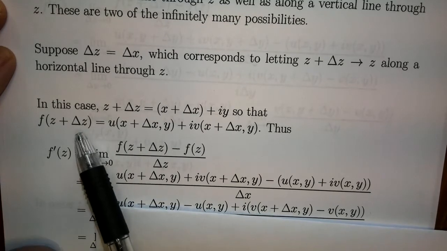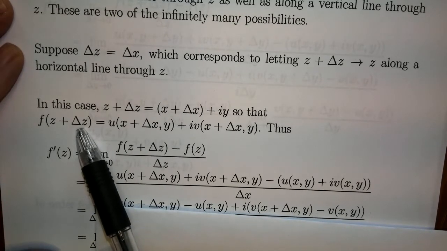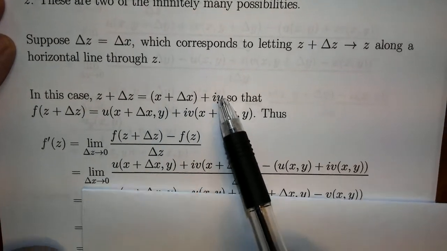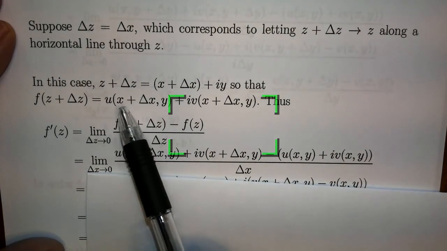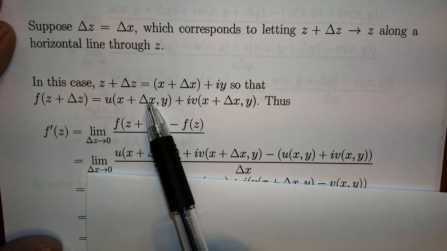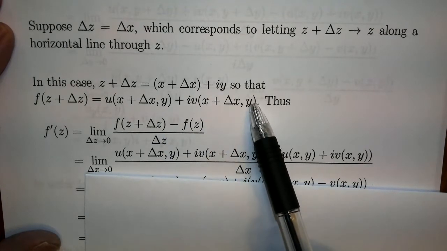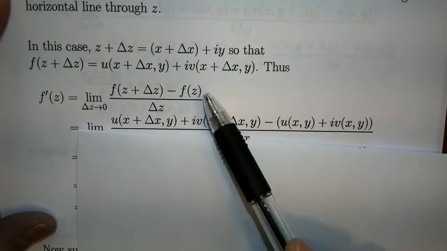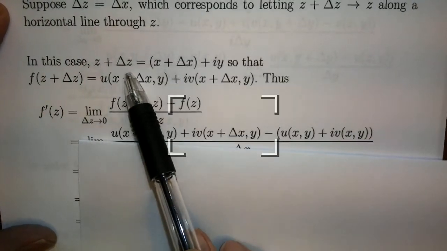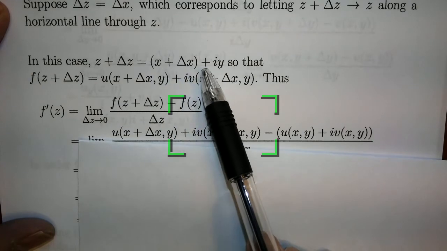So if we substitute z plus delta z into u and v, our real and imaginary parts, this is x plus delta x, this is y, this is x plus delta x, and this is y.